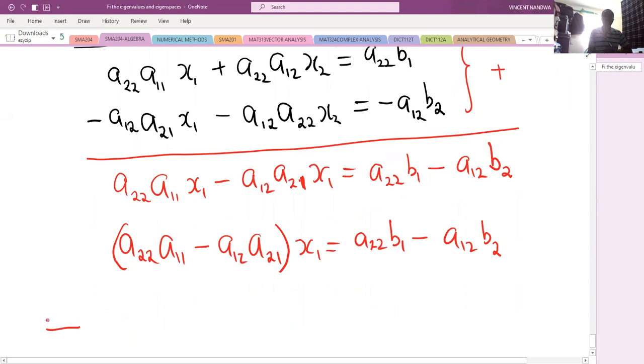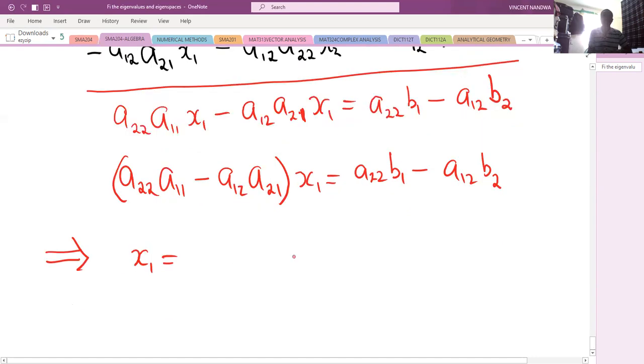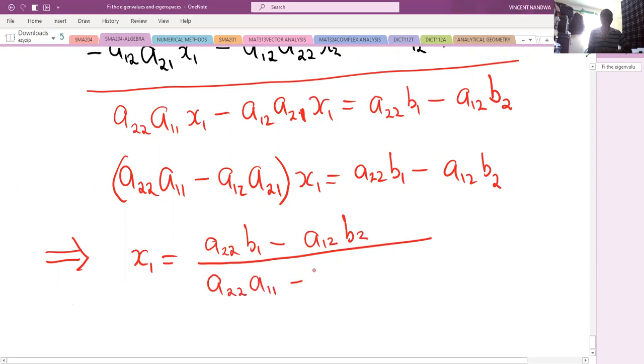And so if you solve for x1, it will be given by a22 b1 minus a12 b2 over a22 a11 minus a12 a21.